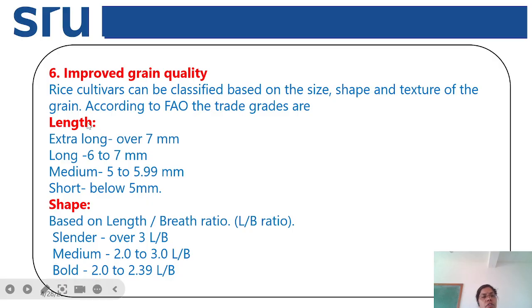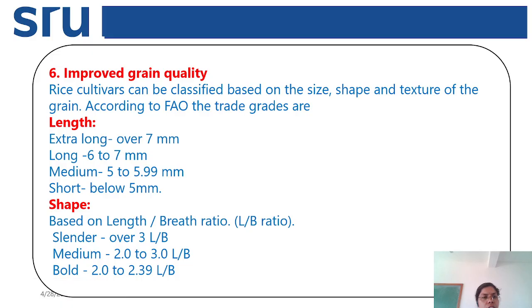So, after hulling and milling, based on the length and shape, we'll divide the rice cultivars. For length, if the grain length is greater than 7 mm, it is considered extra long.